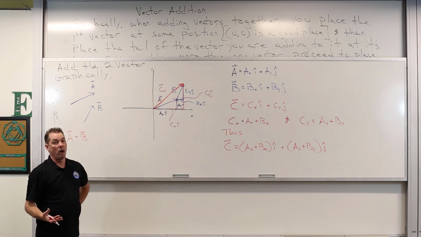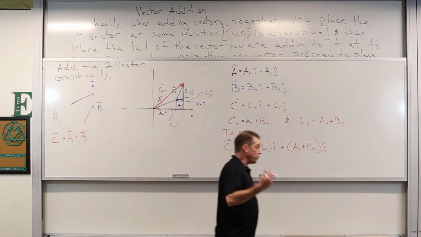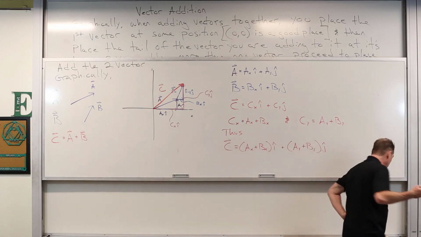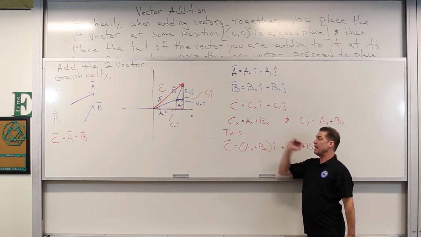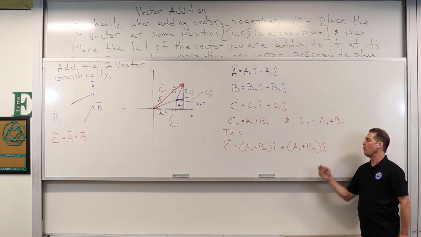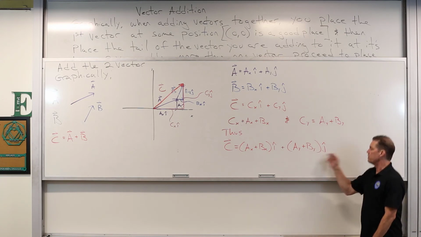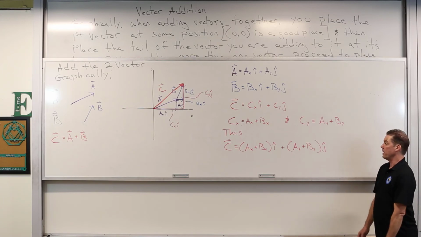What does this tell us overall? If you want to form a resultant vector through vector addition of multiple vectors, you add all the x components of the individual vectors together in the i hat direction, add all the y components of the individual vectors in the j hat direction, and you've got yourself the resultant vector in unit vector notation.